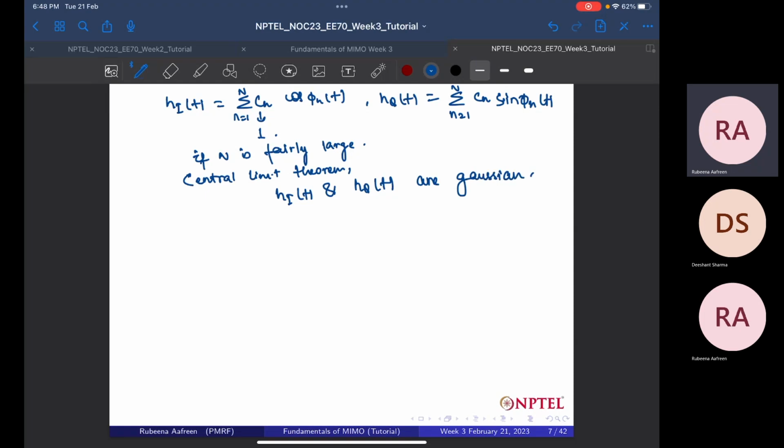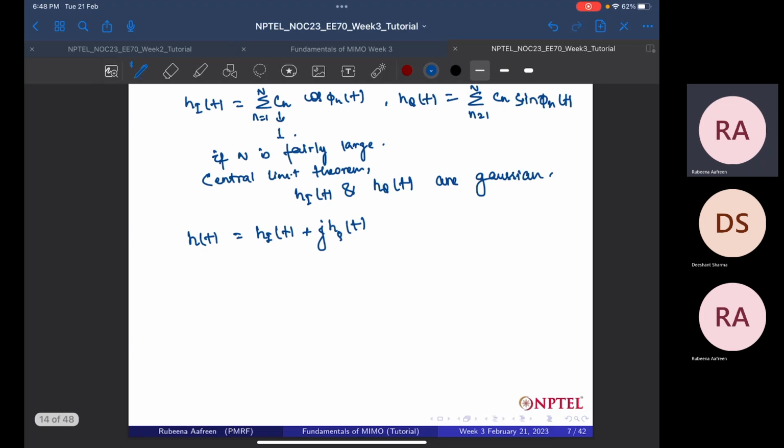Correct. So now the h(t) we have is h_I(t) plus j times h_Q(t). So what is this? Sum of complex Gaussian random variables. So this is complex Gaussian. Right, now this h is modeled as a random variable.